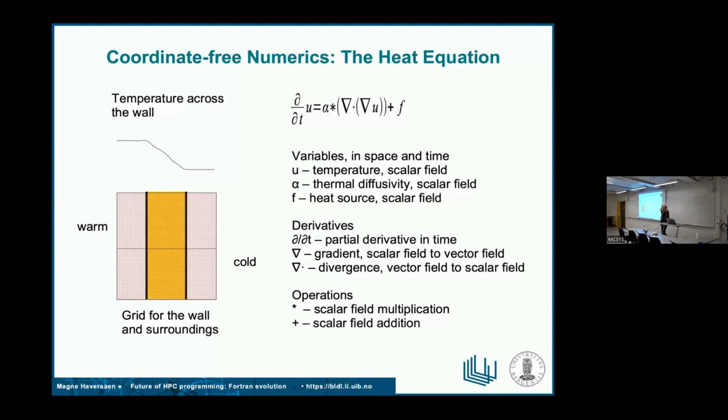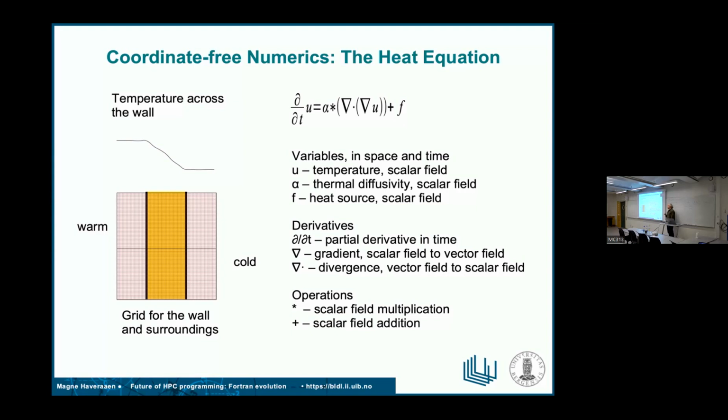But you can think about real physics, real problems, and stick to your physical operators doing the physical computation. You don't need to transcribe your physical problem to an array problem to solve it. You can keep it at this level, and we can then instantiate that template code with appropriate coordinate systems, with appropriate discretizations, with appropriate parallel distributions, and get that to run.